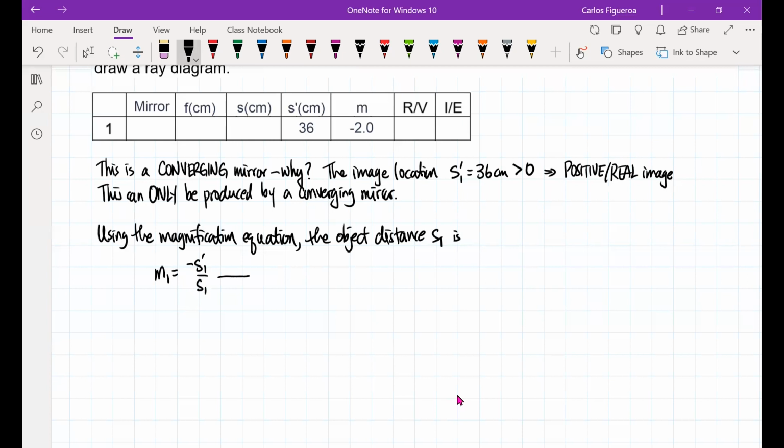Now I'm going to isolate S1. And when I do that, I get minus S1 prime divided by M1. So just plugging in the values from the table, I get minus 36 centimeters divided by minus 2, which gives me positive 18 centimeters for S1. So I now know the object distance.